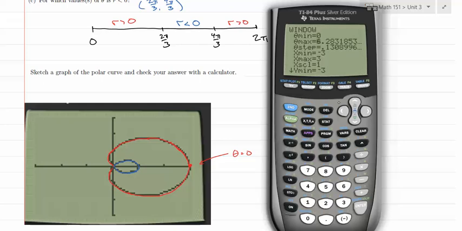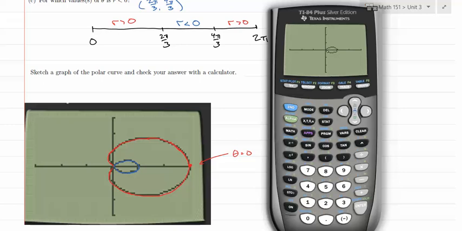If I only look at this first portion from 0 to say 2 pi over 3, notice it only gives me the top half of that outer loop, this first red portion. Then if I go from 2 pi over 3 to 4 pi over 3, I get just the blue portion, that inner loop.